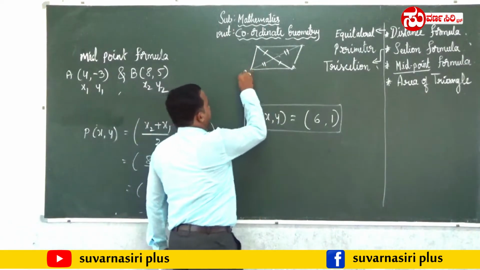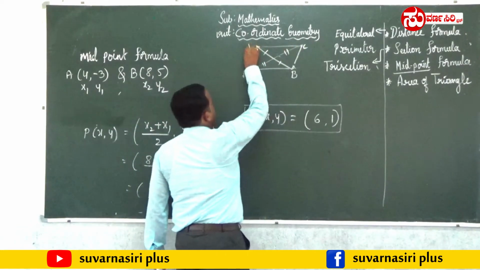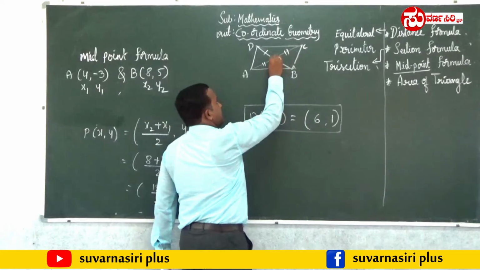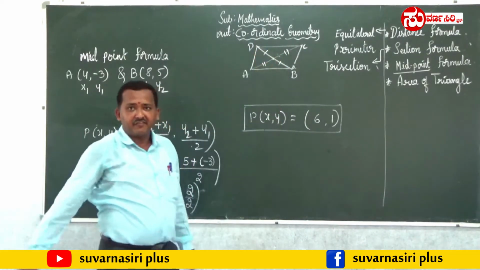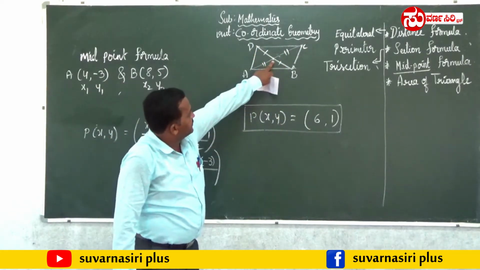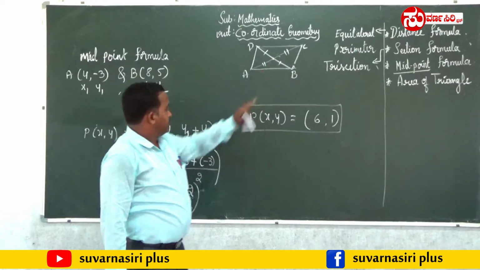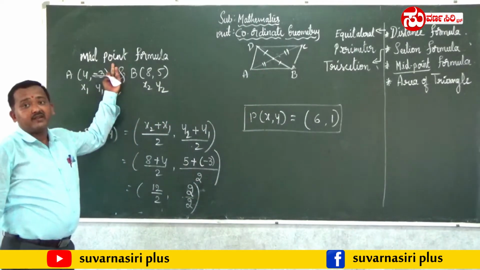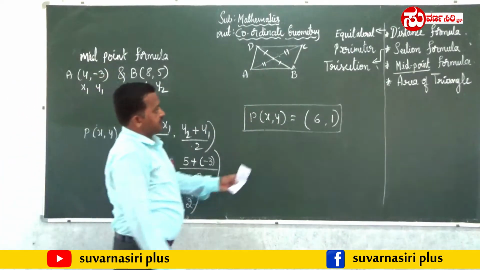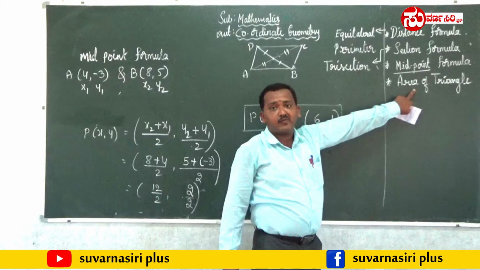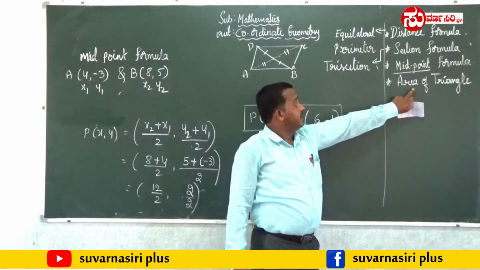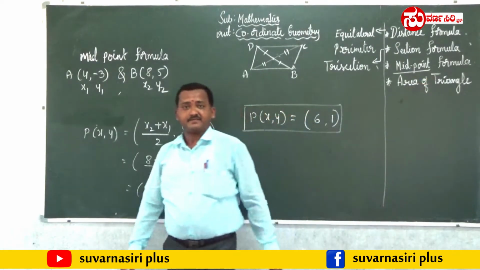If ABCD is a parallelogram, AC is the diagonal, and if I need the coordinate of this midpoint, we can make use of the midpoint formula. Okay.